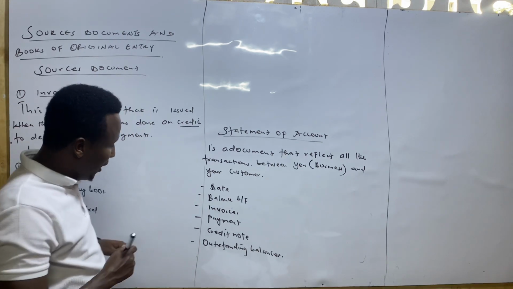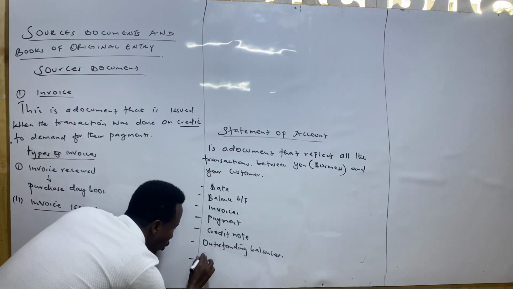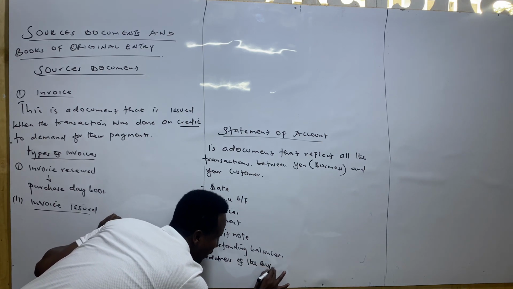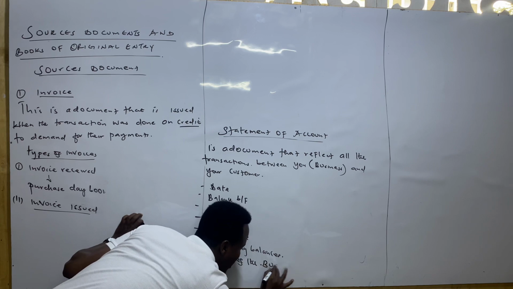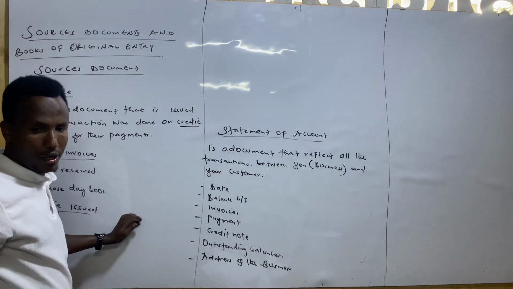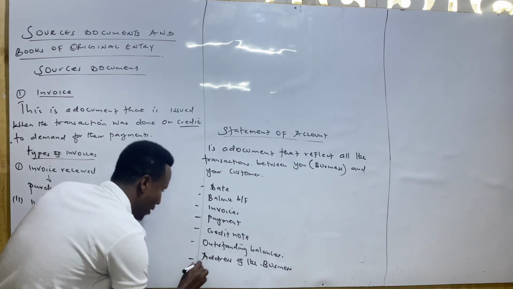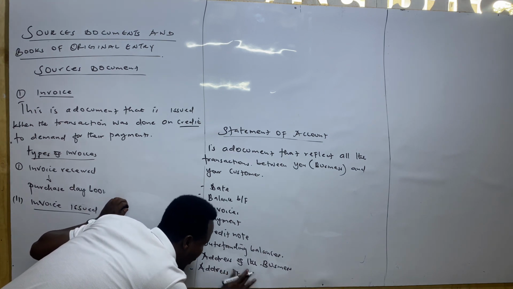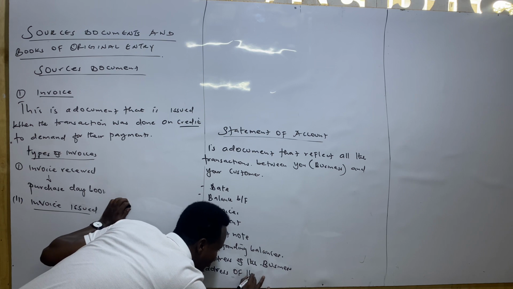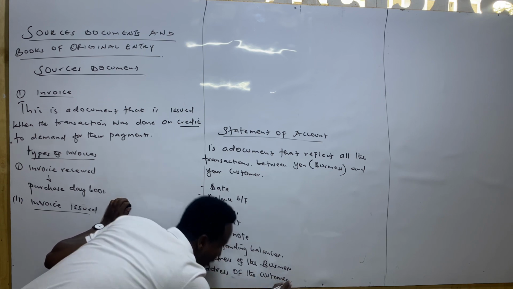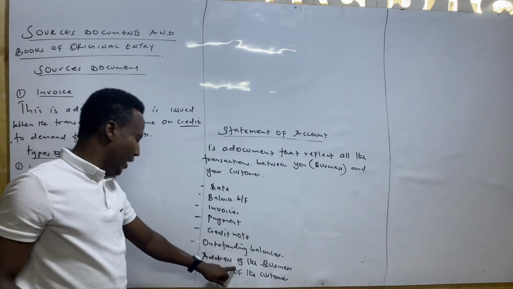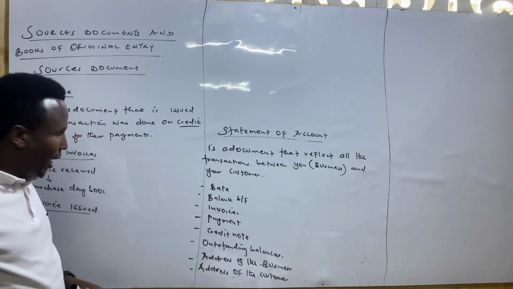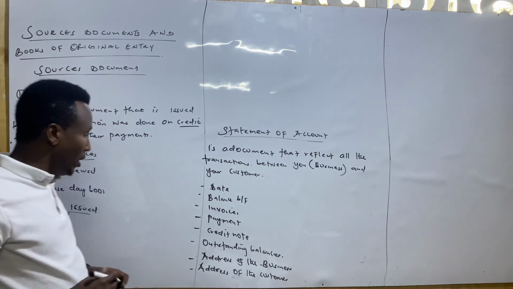The address of the business must also be there, and the address of the customer must also be there. You need to write your address and the address of the customer, and the date when the statement of account is prepared and sent to the customer.